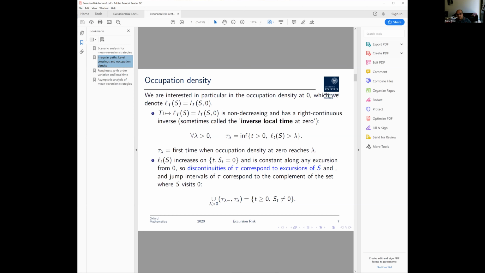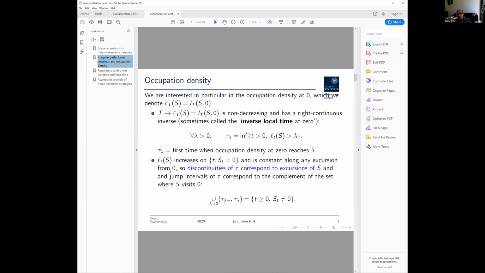The more time you wait, the more you hit 0. So the occupation density at 0 is increasing with the time index t. If it's an increasing function, it has a right continuous inverse, which is defined in this way. You take a level lambda and you call tau_lambda the first time when the occupation density at 0 reaches lambda. If you wait long enough, it will go through 0, and each time it goes to 0, L_t of S is incremented. The first time it reaches lambda, you call it tau_lambda. So tau_lambda is the inverse of L_t.